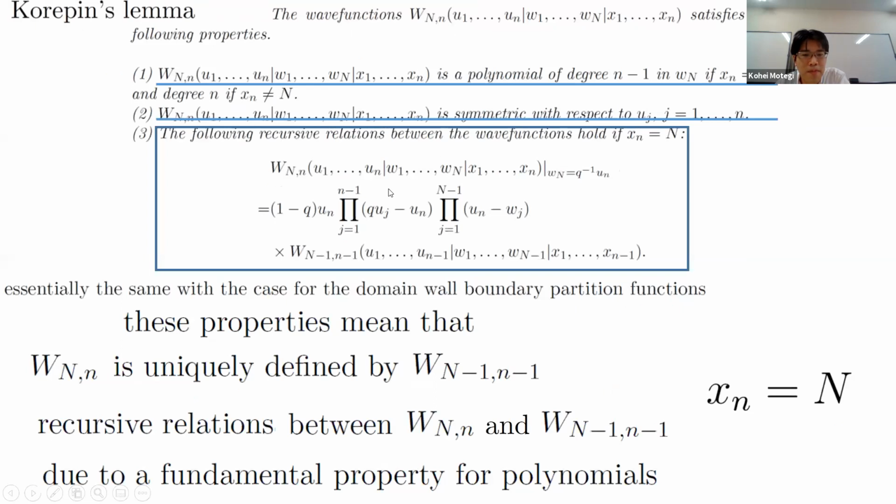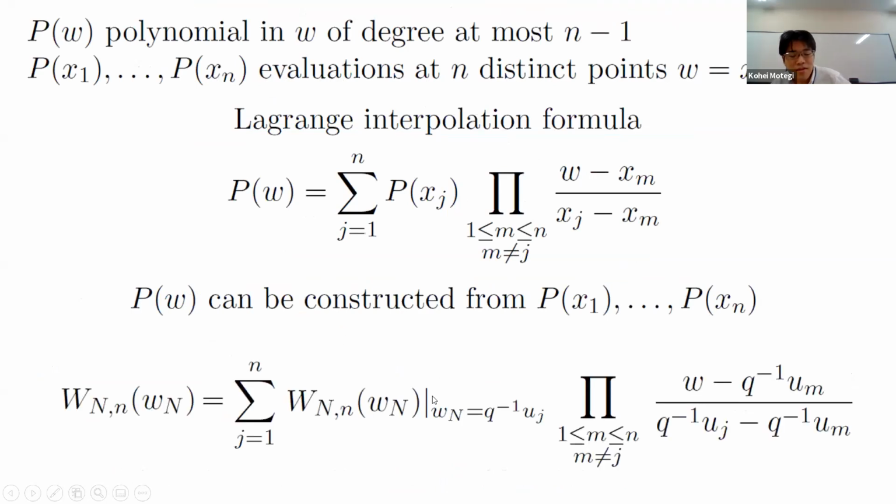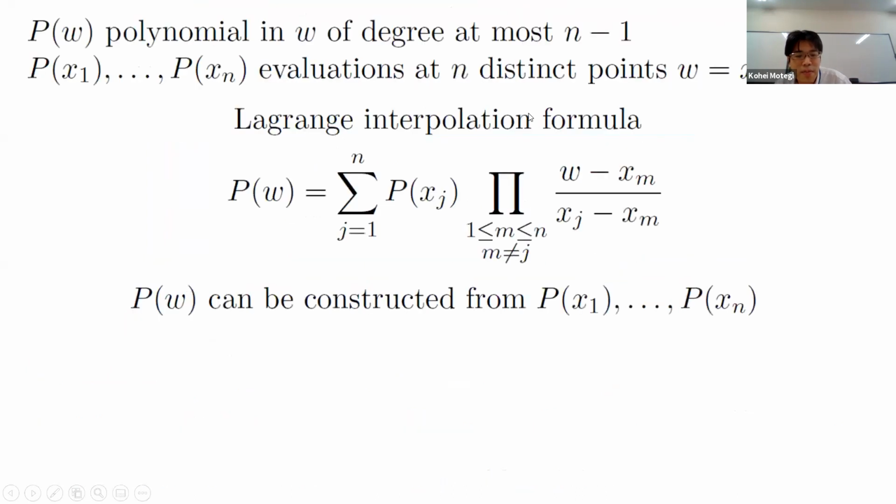And this is evaluation at one point, but if you use this property too, the symmetry property, then you can also evaluate at, for example, Q inverse U1, Q inverse U2, and so you can actually evaluate at small endpoints if you use the symmetry property.